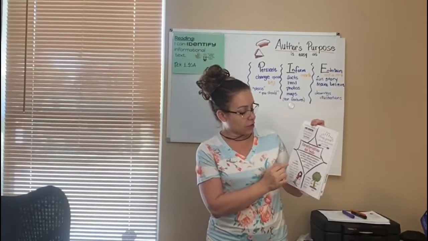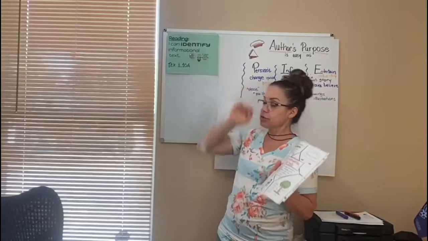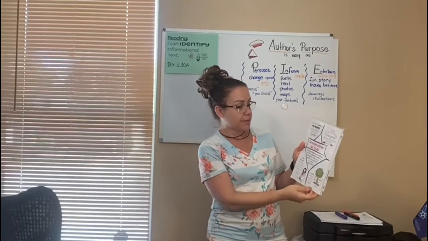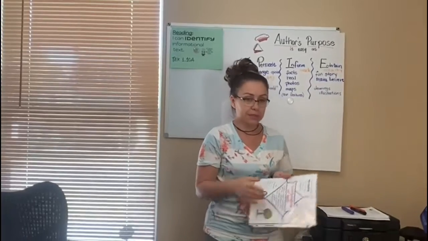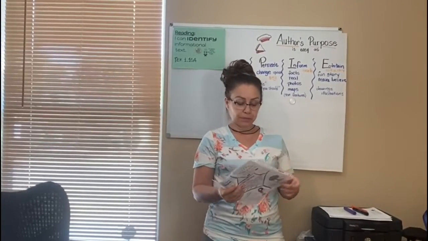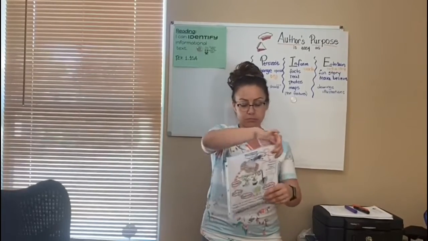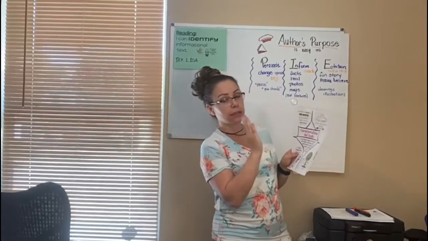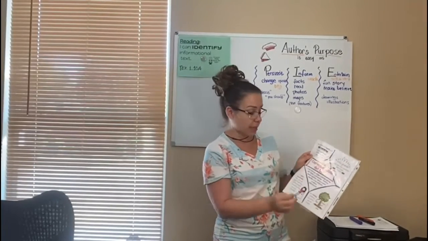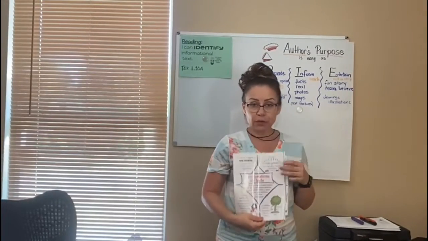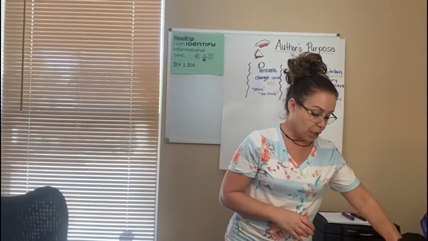Also, other characteristics of an informational text is sometimes it has labels, maps, bullets, and also italics, when the letters are like this, all right? Titles, subtitles. So all of this you will find in an informational book, all right?